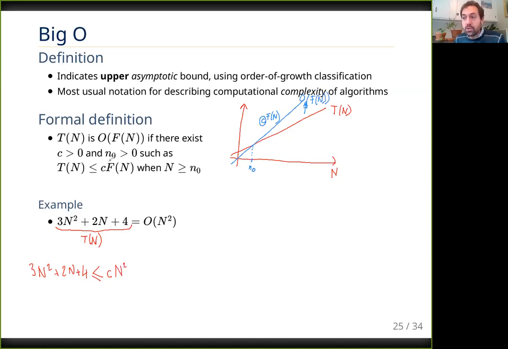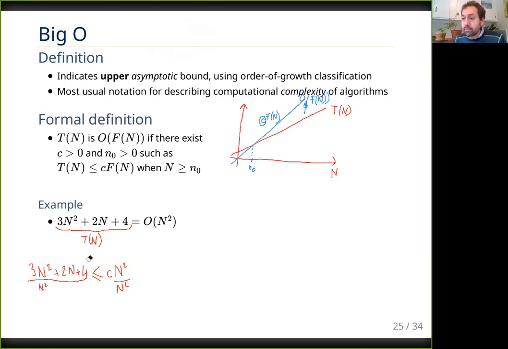So I'm pretty much just applying this formal definition here. So let's try to solve this equation. What I can do here is divide everything by n squared.